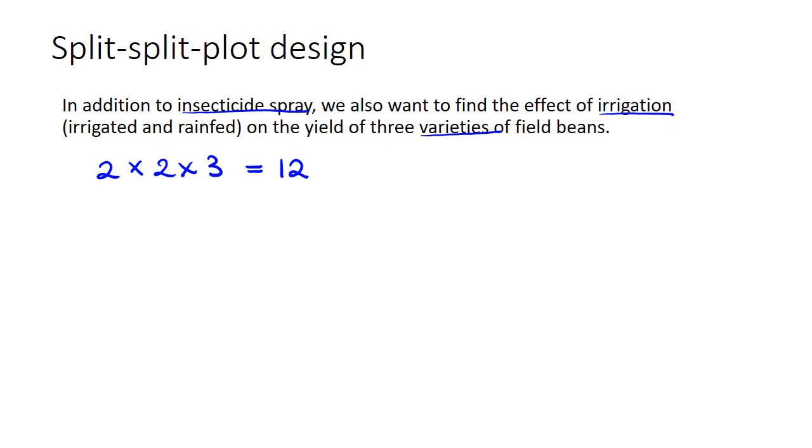Let's assume this experiment will be conducted as an RCBD with 3 blocks. So we have 36 experimental units. In this case, we have to do 3 stages of randomization. First, randomize the main plot irrigation within each block.